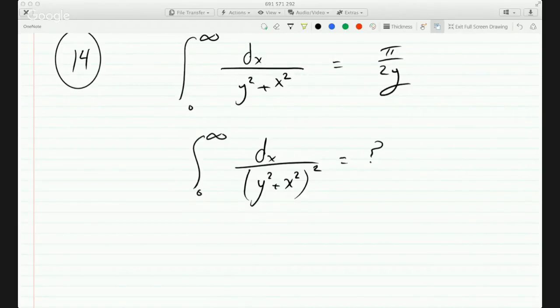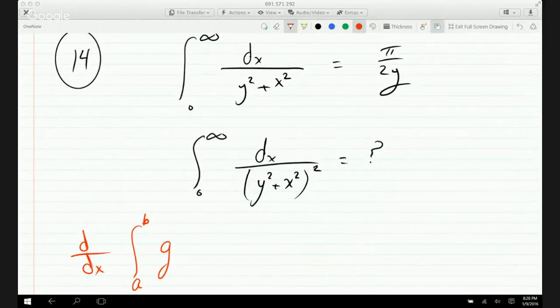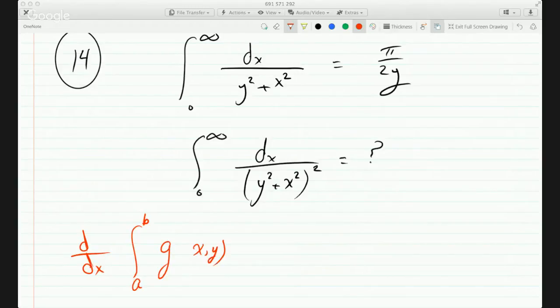Well, now note that in calculus, if you differentiate an integral, going, let's say, from a to b of some function, whatever that function is, and this function, let's say, has two variables, x and y, and let's say we differentiate with respect to y.